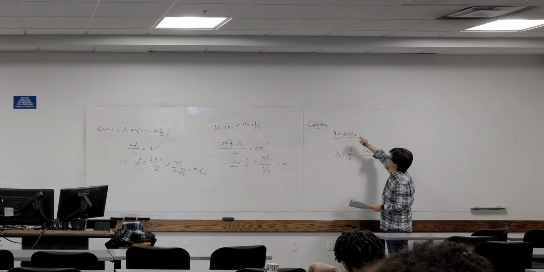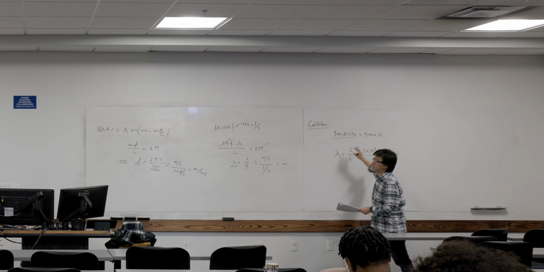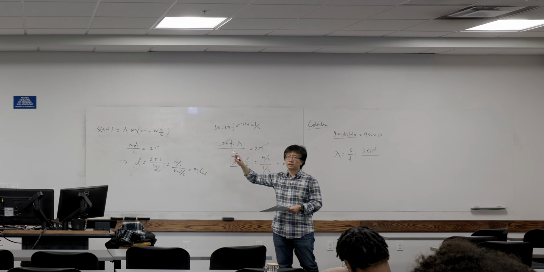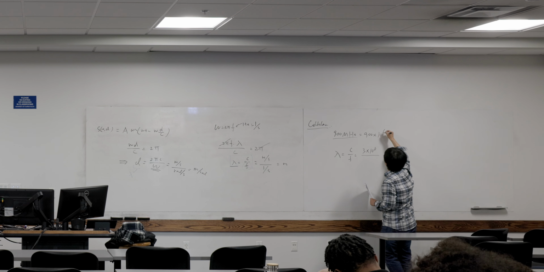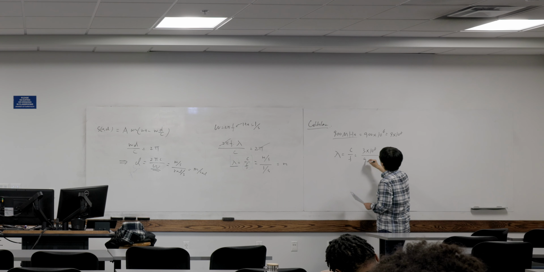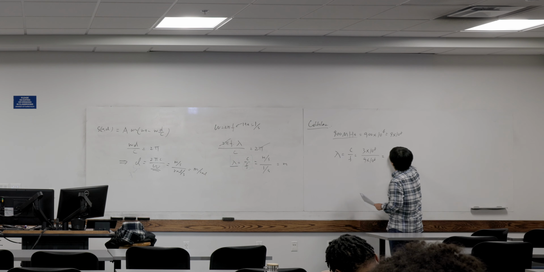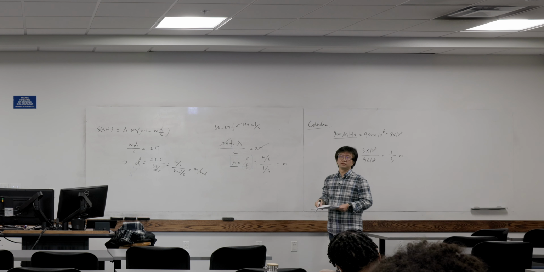Mega is 10 to the power of 6, so 900 times 10 to the power of 6 is 9 times 10 to the power of 8. So we have 1 over 3 meters. That's the wavelength.